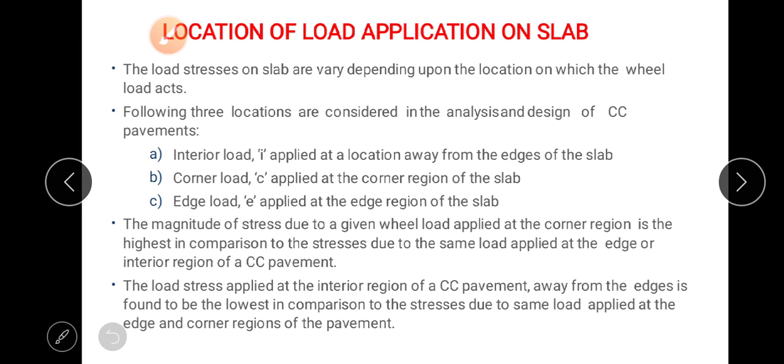Location of load application on the slab. There are three locations, since it has length, width and thickness.